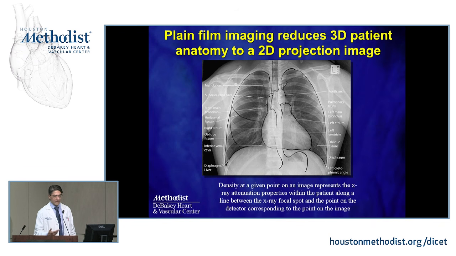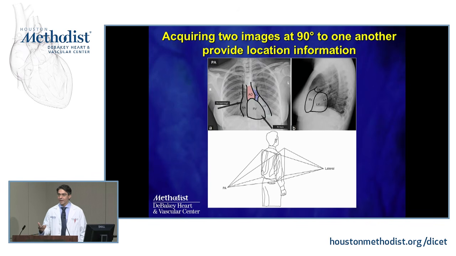And as we know, it's very beneficial to our evaluation of a patient, but there's a problem. It's hard to localize things. You may find an abnormality in a certain location, but you're not able to pinpoint exactly where that abnormality is. So how do you get around that? That's where the two-view, or the PA and lateral x-ray, is very helpful.